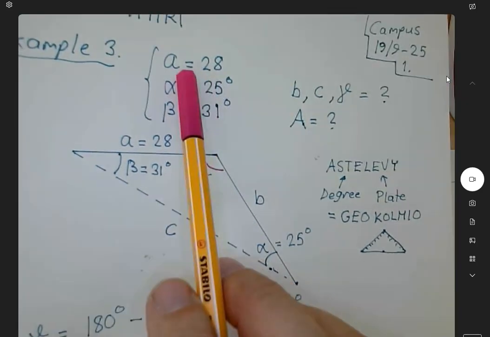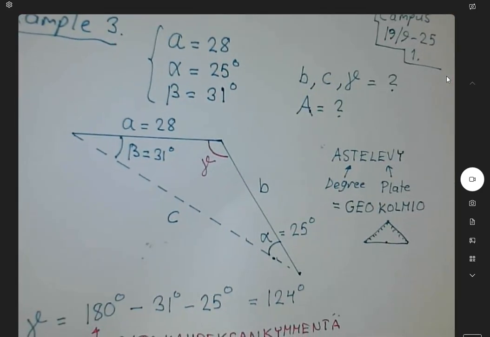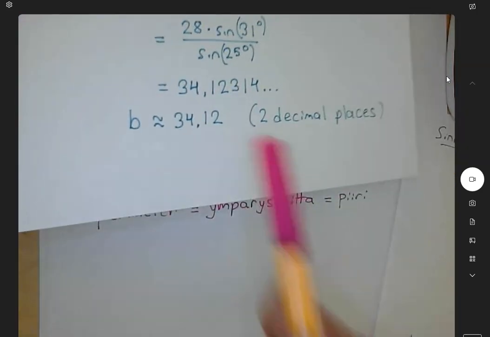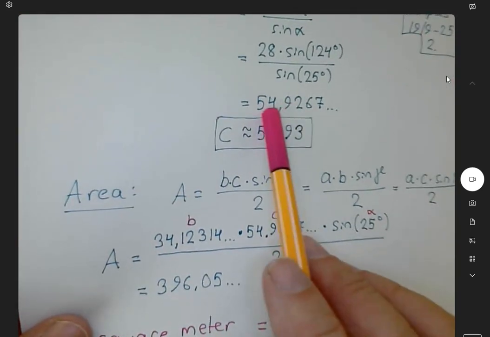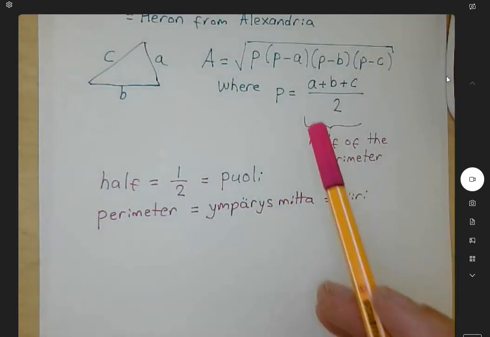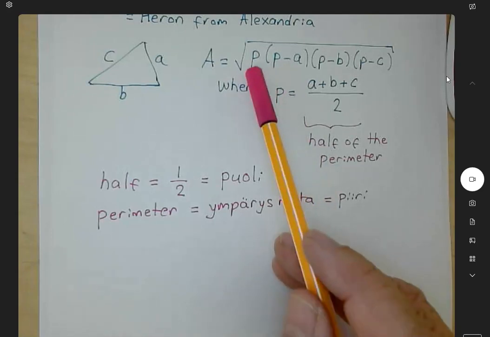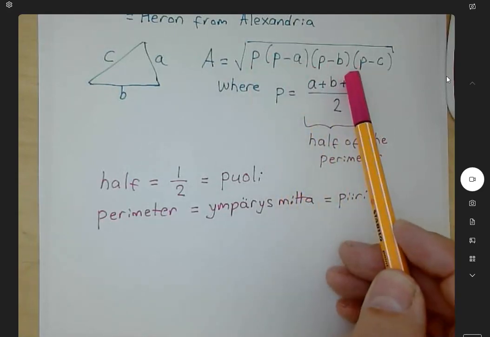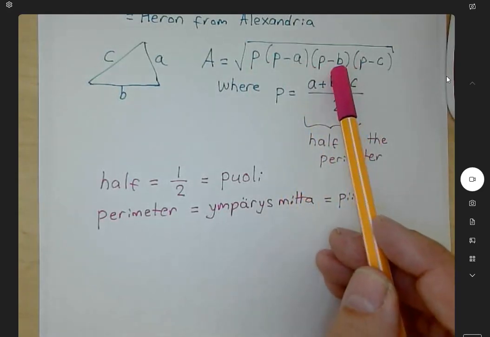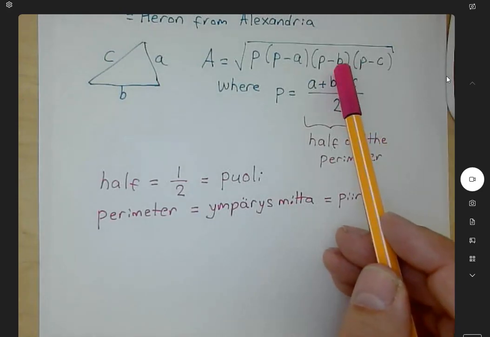A is an easy one, but B and C are not easy, because they are this kind of numbers. After that we get this value B, and it comes to 4 places, and also B and C come to 2 places.